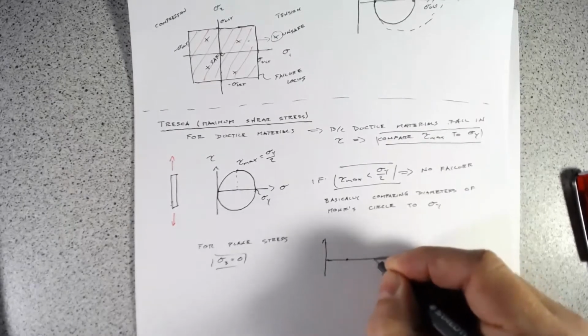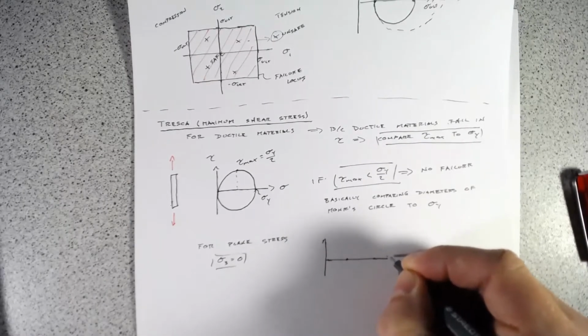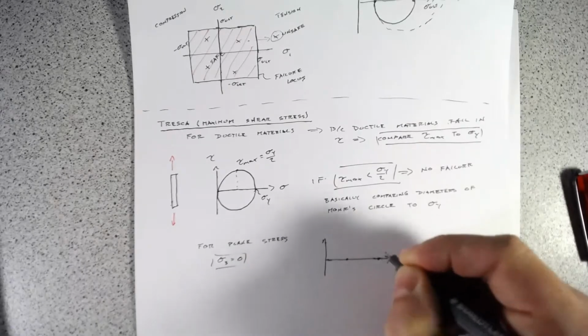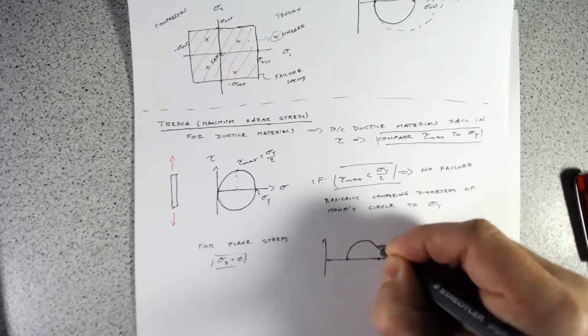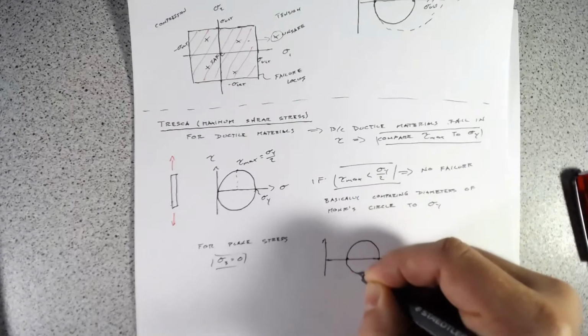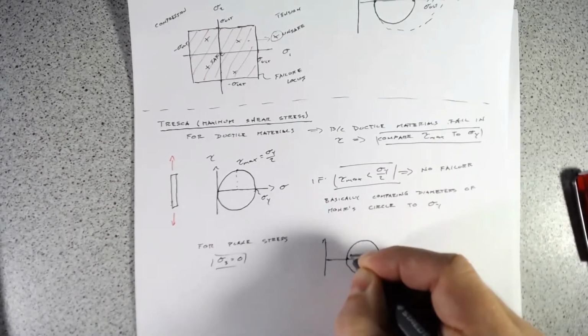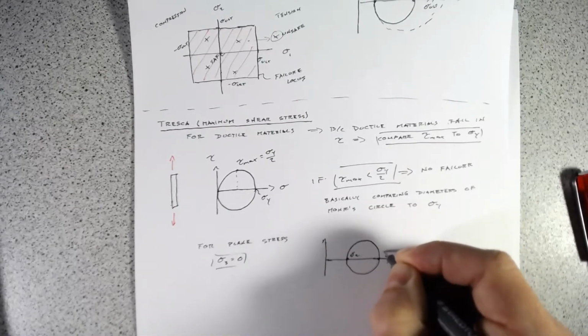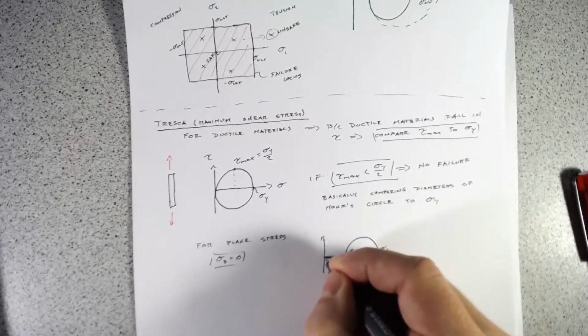Say we've got our first Mohr circle, sigma 2, sigma 1.